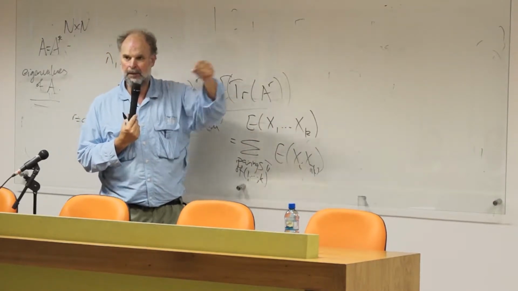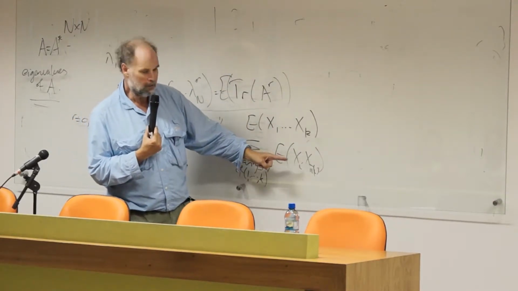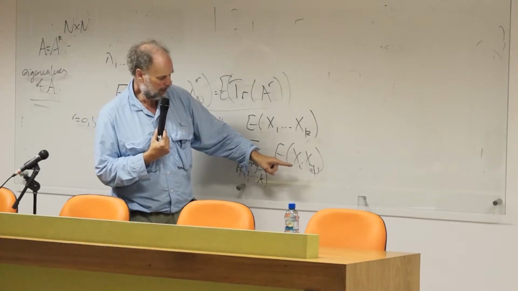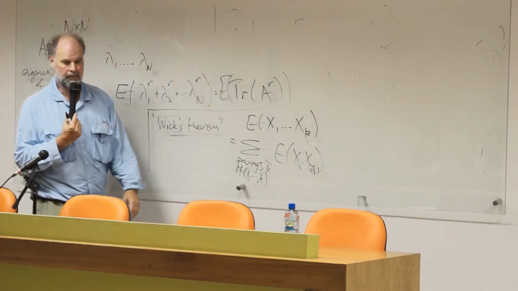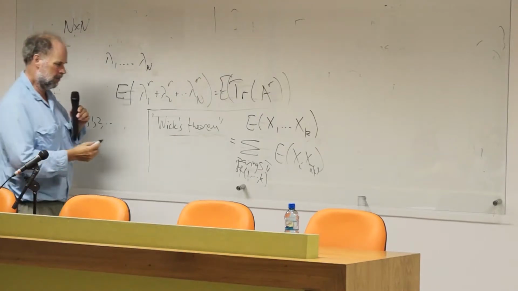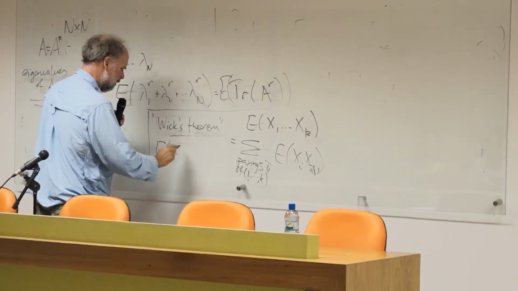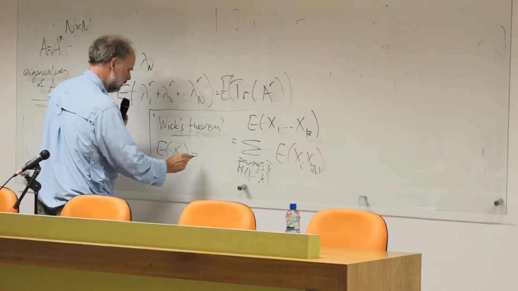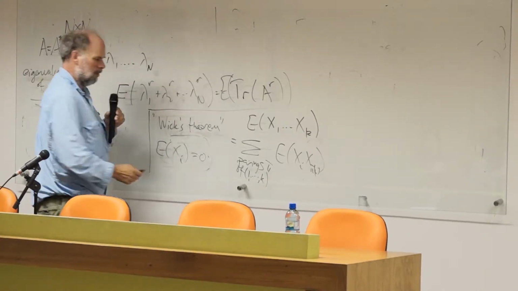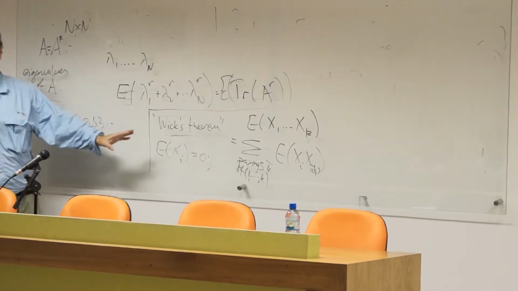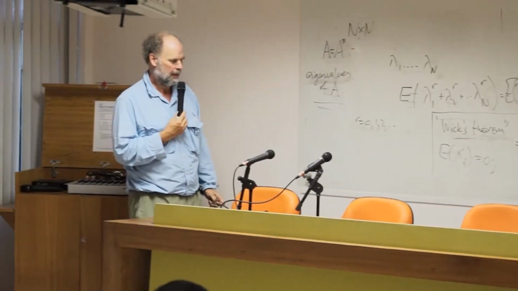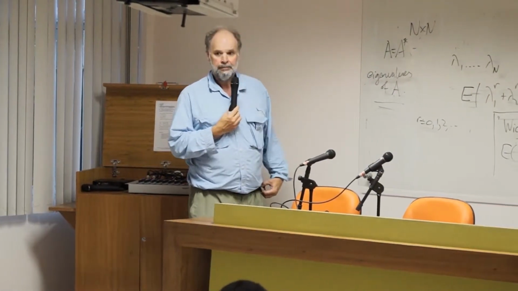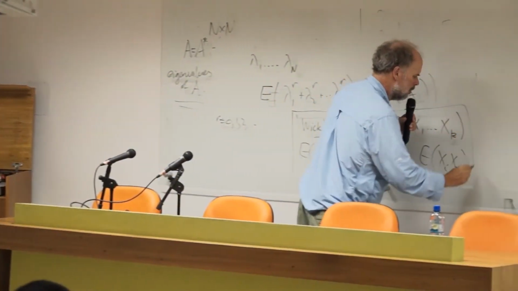So I take i and pair it up with pi(i), and I take the covariance of xi and x pi(i). Maybe I have to assume here that E of xi is equal to 0. I forget this, but to be on the safe side, let's assume that this is true. I think that's correct. Okay, so that's a standard theorem. Find it in all the textbooks. Prove it yourself if you want to.